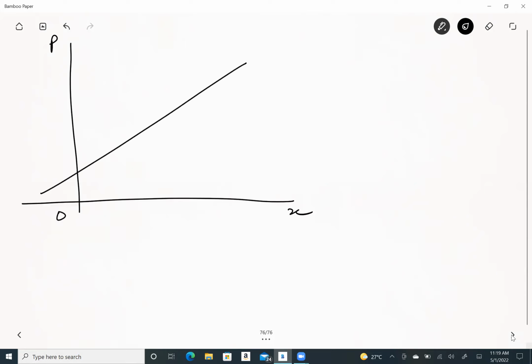Suppose the supply function is p equal to 5x plus 2, something like that. And suppose this is the equilibrium. Assume the demand function is like that.